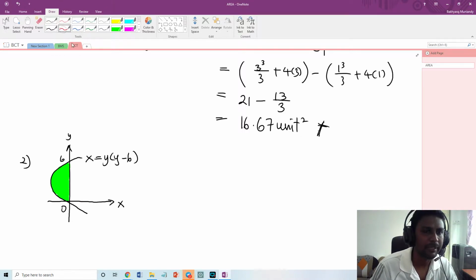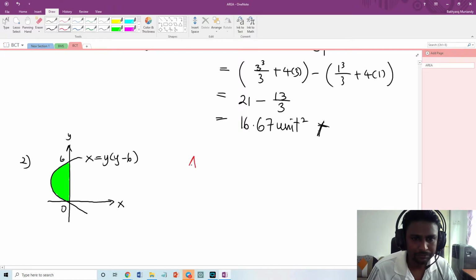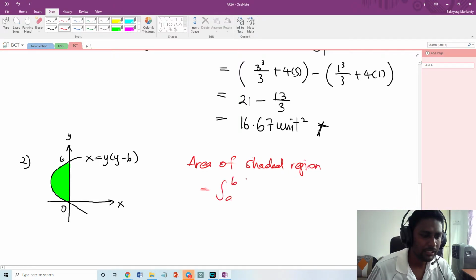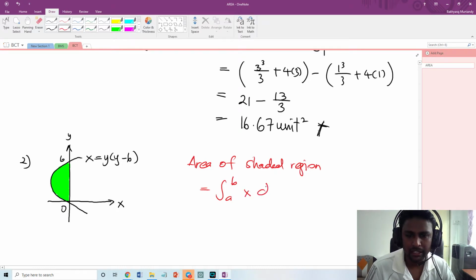So the formula for the area of the shaded region will be equal to the integral from a to b of, what is the formula? Yeah, correct, x dy. Very good.